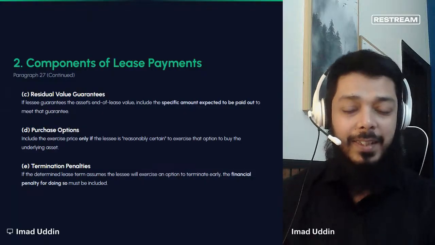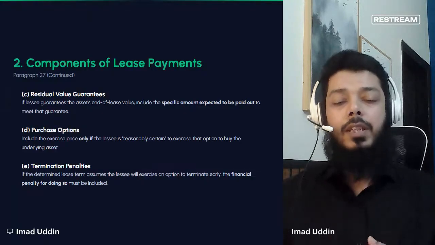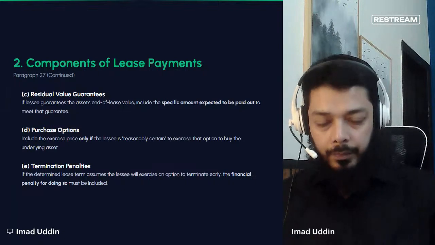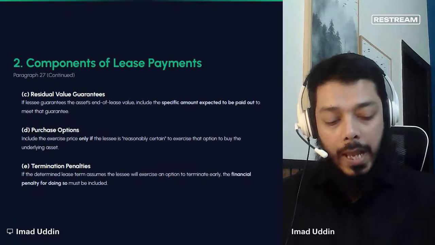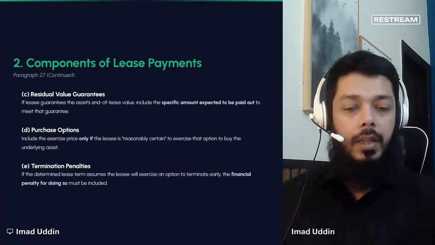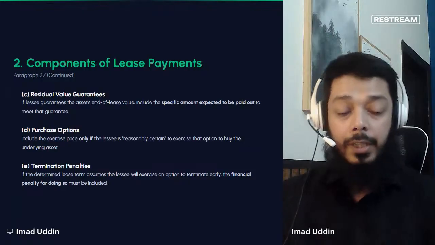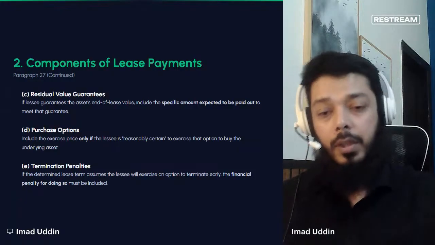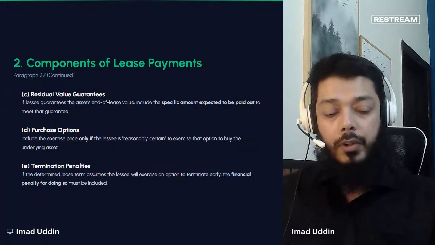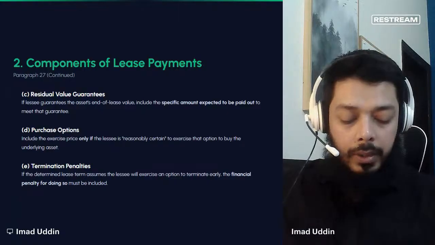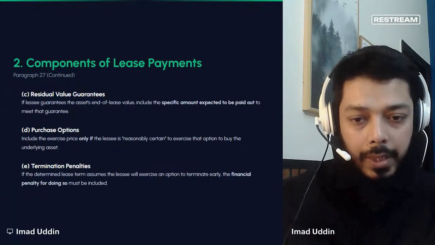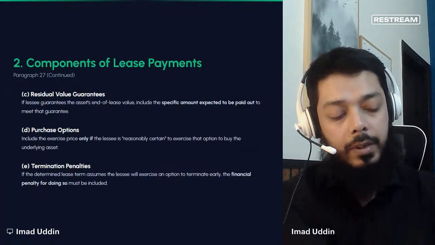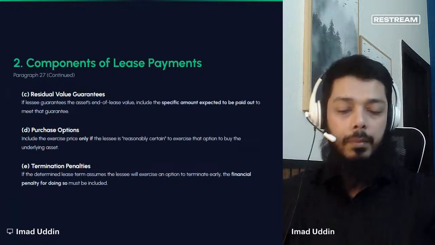By the way, similarly with termination penalties: if the lessee is reasonably certain to terminate the lease before the end of the lease term, then it would include that termination penalty, if there is any, in the lease payments, but exclude any expected or contractual lease payments after the termination, because in this scenario we are reasonably certain that all the lease payments up to the termination would have to be made, and because the penalty would be paid, any future lease payments would not be included in the lease liability.